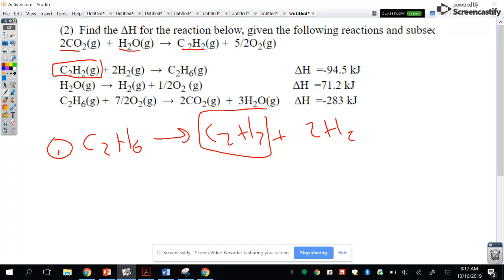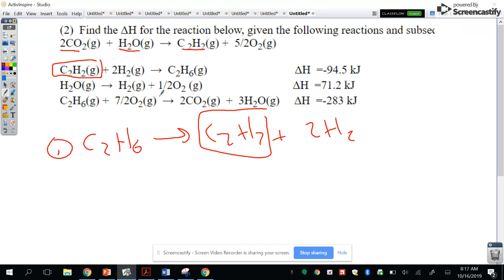Next, I don't really see anything in the second one that's going to help me, so I'm going to skip to the third one, because right off the bat, I see that it has both the C2H6 that I want to get rid of, and it also has the CO2 that I want to keep. Just like before, in the first equation, I can see that the C2H6 is on the wrong side and so is the CO2.